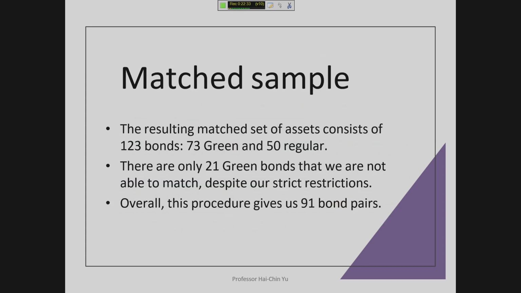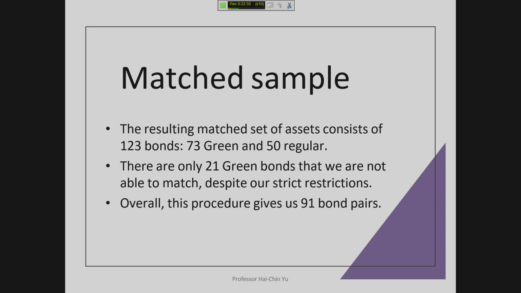Okay, so using the matching sample, you have to match regular bonds and green bonds, which means one company simultaneously issues green bonds and regular bonds. If not simultaneously issuing both of them, then you have to match. How to match?